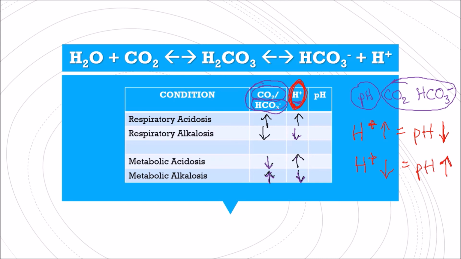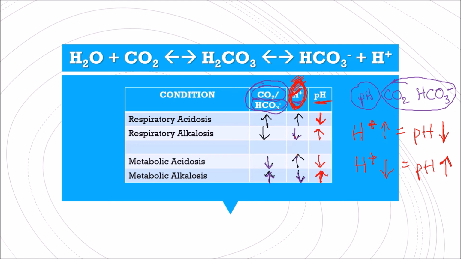So for the pH, if the hydrogen level is going up, as in respiratory acidosis, the pH level is going to be down. In respiratory alkalosis, when the hydrogen level is down, the pH level is up. In metabolic acidosis, the hydrogen level is up because it's acid, which means the pH is down. And in alkalosis, the hydrogen level is down, which means the pH level is up.